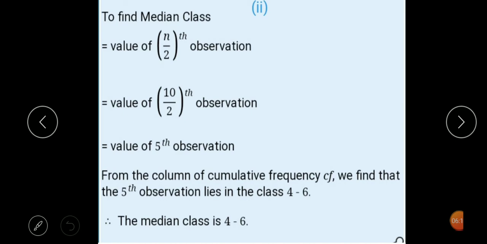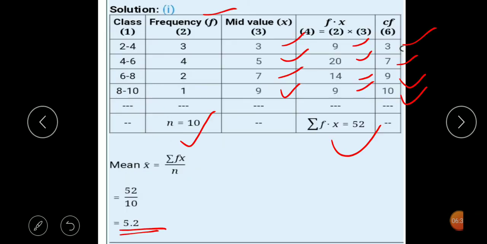N is 10. So what is the value of the n upon 2th observation? That will be 10 upon 2, the 5th observation of the given table, which will give the median class. Let's see in the table, the 5th value will fall in the cumulative frequency 7.